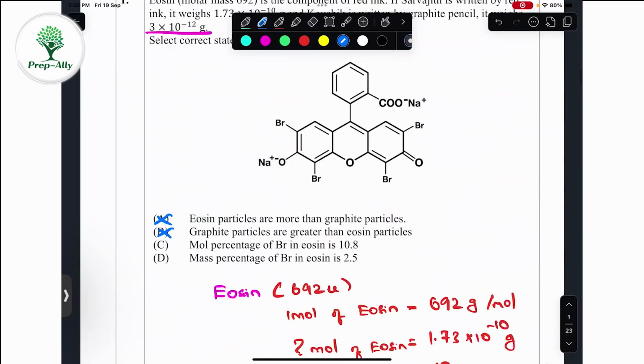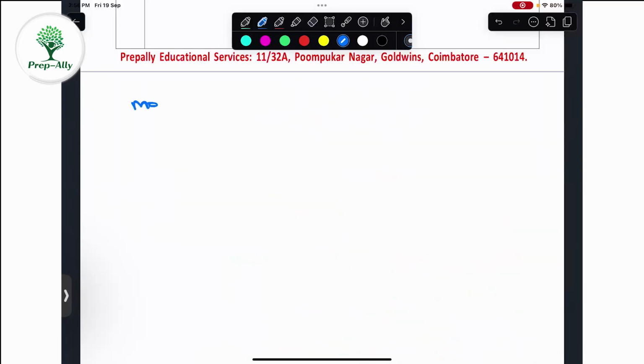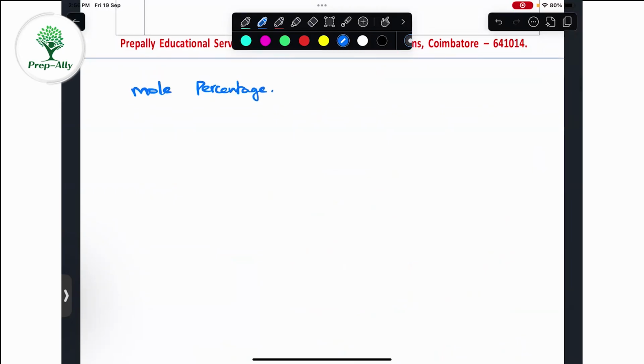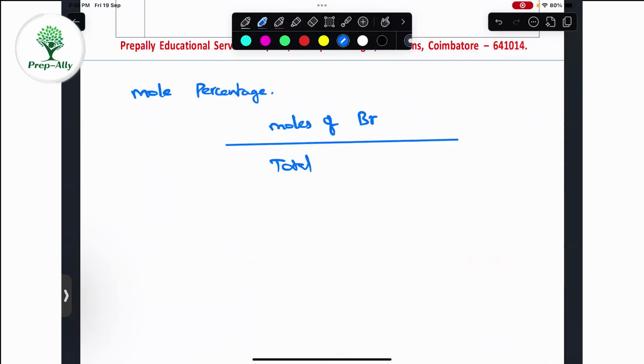So mole percentage of what? Bromine, right? In eosin. So for calculating the mole percentage, I have to calculate how many moles of bromine are there. So I can say moles of bromine divided by total moles of all atoms into 100, right?